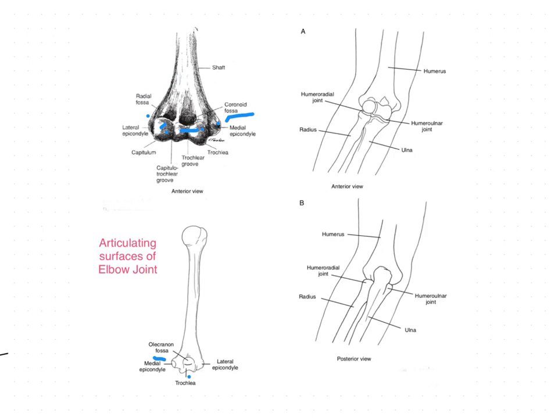So the articulating surfaces on the anterior aspect. What are the things which we have seen on the anterior aspect? We have two non-articulating surfaces and two articulating surfaces. The articulating surfaces on the anterior aspect of the distal humerus are, one, the pulley shaped or hourglass shaped trochlea, and another one, the spherical capitulum.